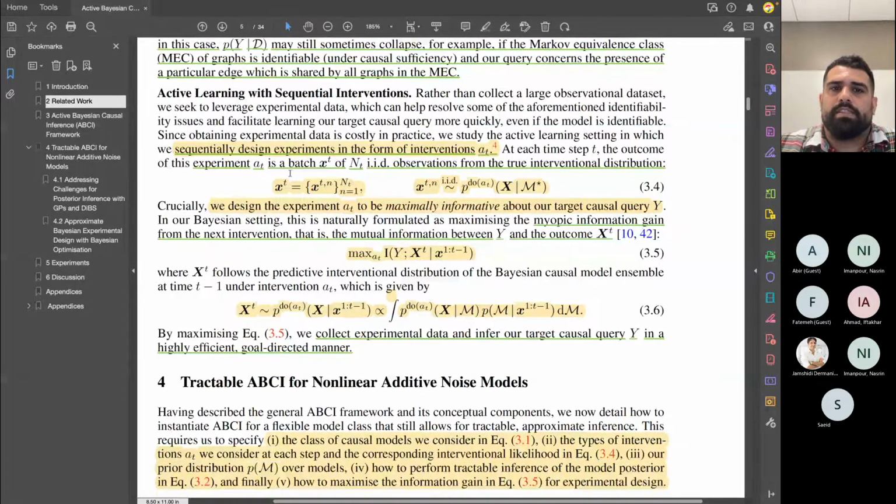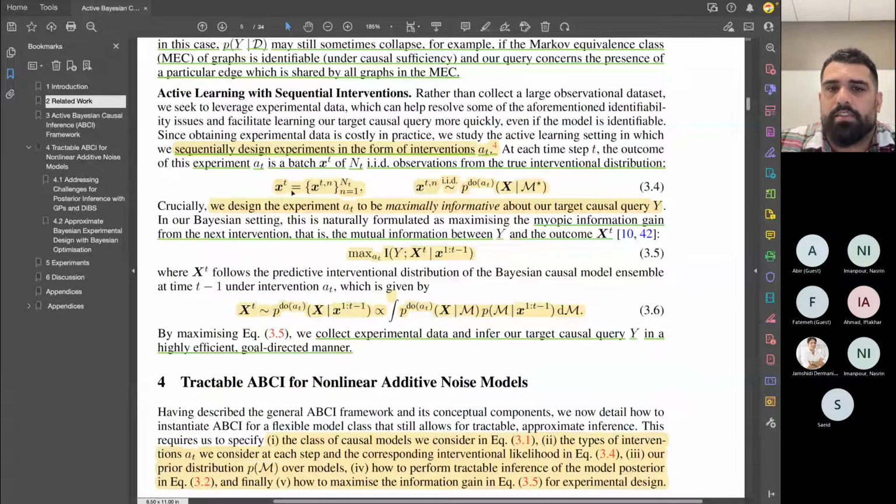Then they talk about the sequential interventions and how they perform them. They define sequentially designing experiments in the form of interventions, A_t, which is the intervention at time t, and at each step t, the outcome of experiment A_t is a batch of x_t, which are interventional samples of observations from the true interventional distribution.